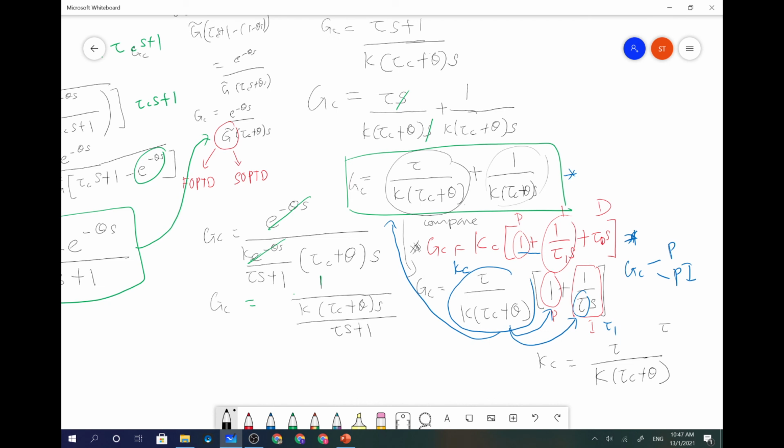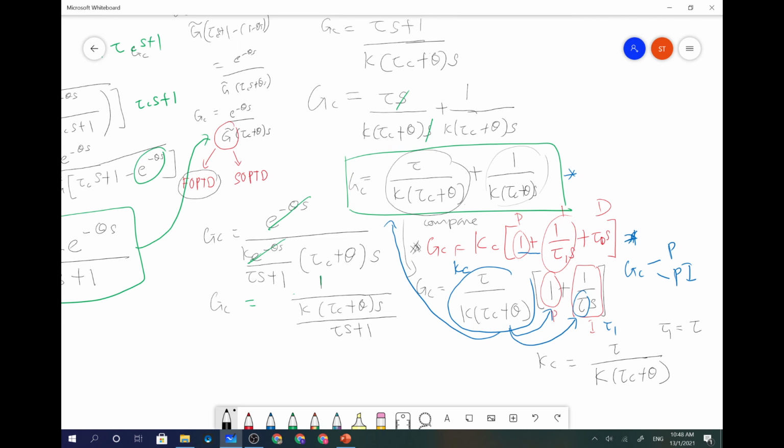And your tau I is equal to tau. So this is the derivation on how to design a controller when you have a first order transfer function of a process model.